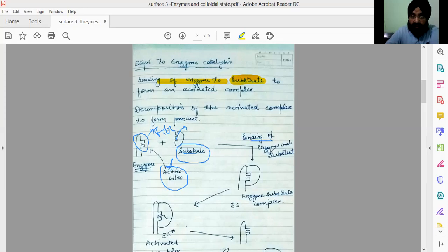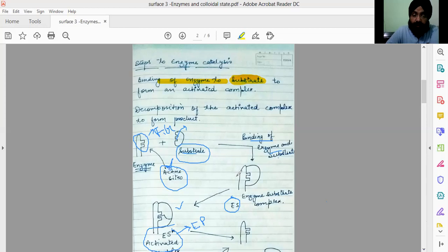So binding of enzyme and the substrate will form the enzyme substrate complex. Once the enzyme substrate complex is formed, it forms the activated complex, which changes to the enzyme product complex, which ultimately releases products and enzymes. Right?